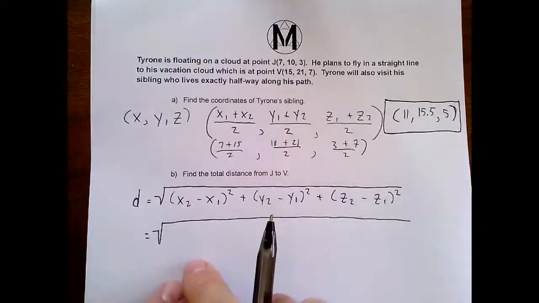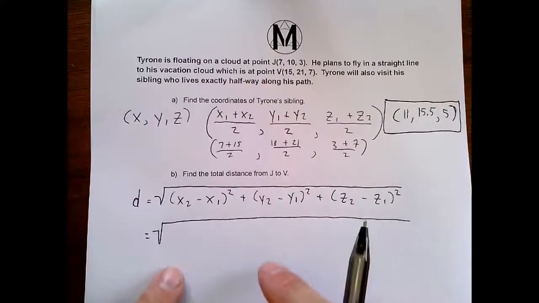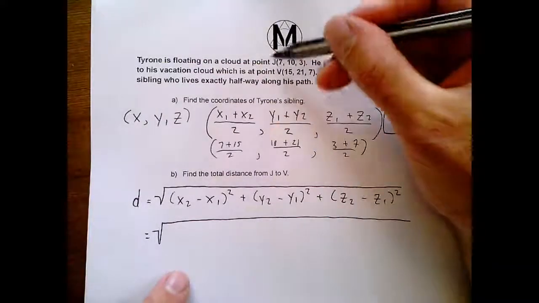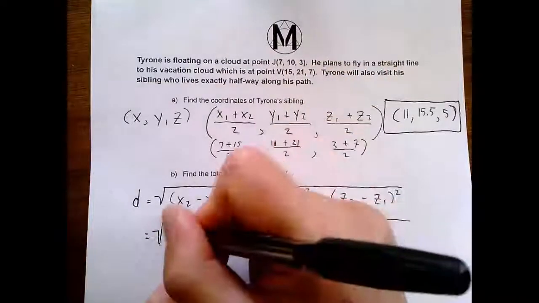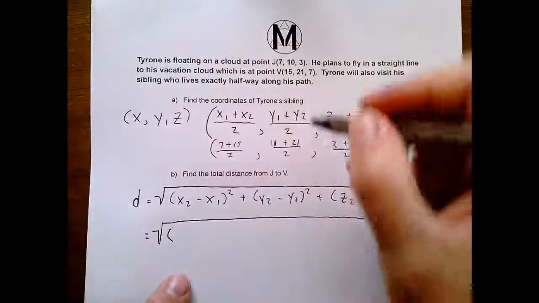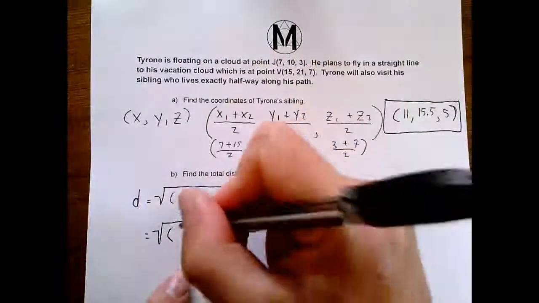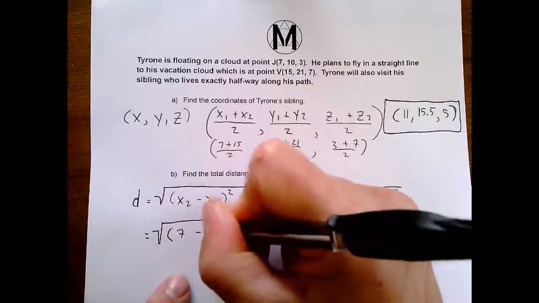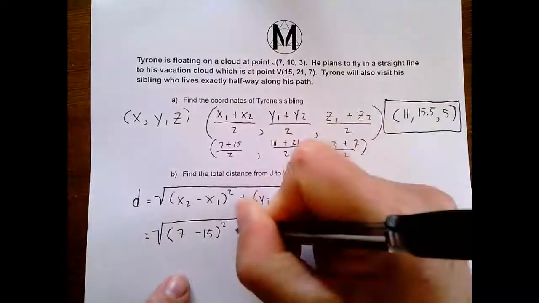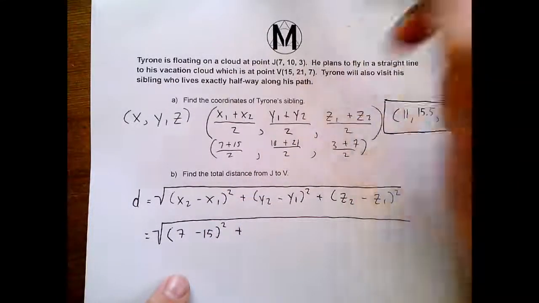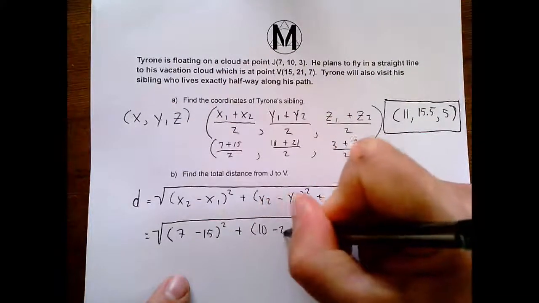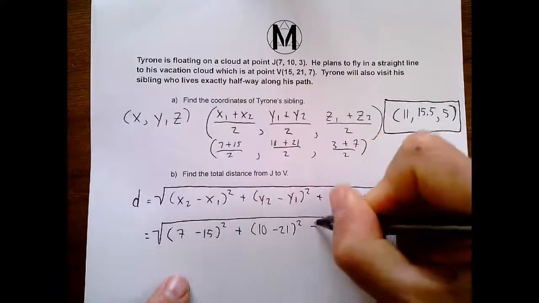Okay, and so if we look at our points, we'll do J first. So my x values are 7 and 15. And the only thing you want to be careful about is make sure you keep these all in order. So I'm always putting the J first. So I do 7 minus 15 squared plus, now I do my y points. And like I said, I do the J first. 10 minus 21 squared.